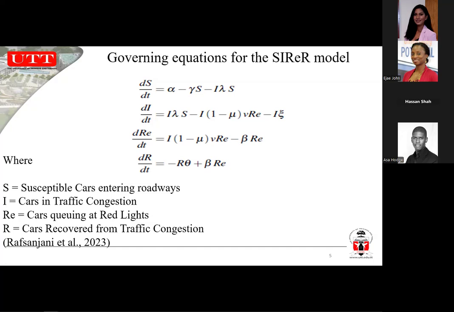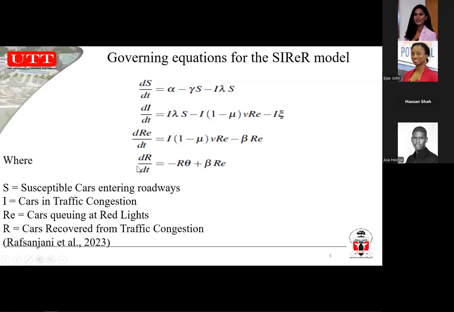That is because all of these are connected. So they're like compartments, and they're all connected. If we look at the third equation, we would see beta in particular, which represents the rate of vehicles queuing at red lights.